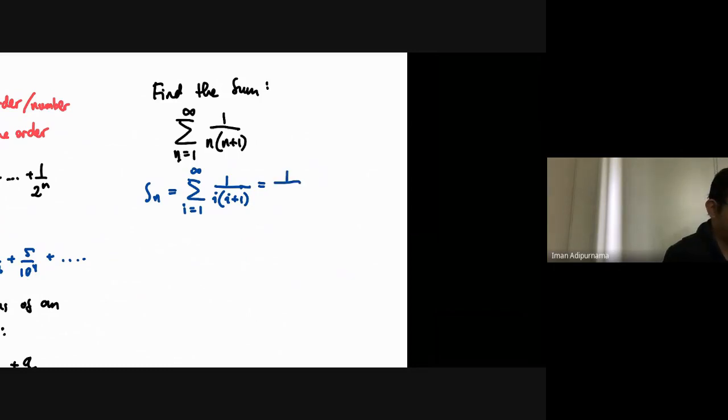So 1 times 2, and then plus 2 times 3, plus 3 times 4, plus dot dot dot, plus until n.